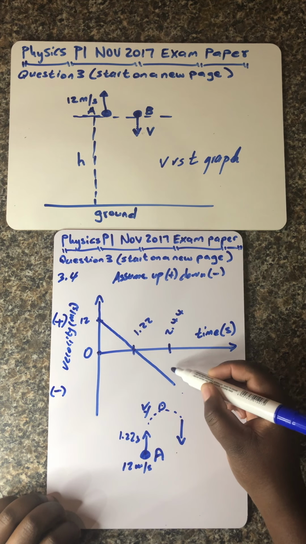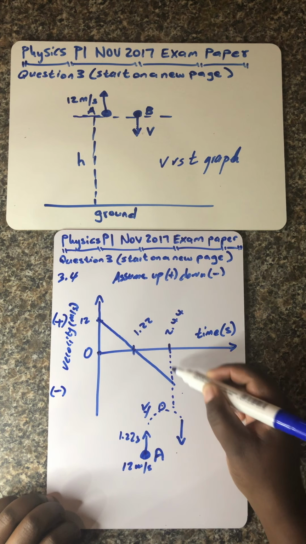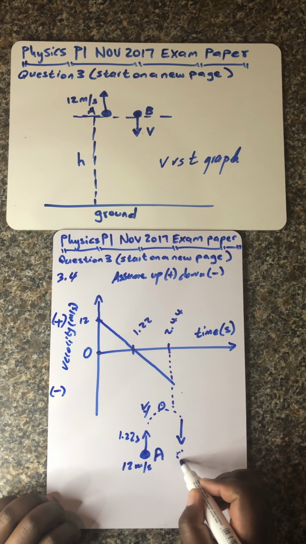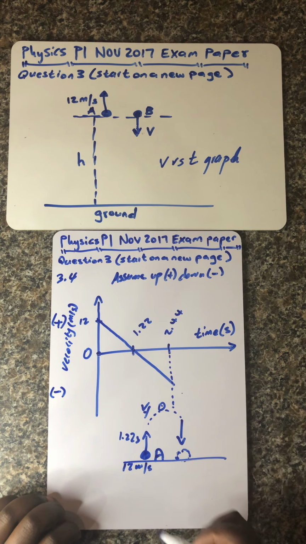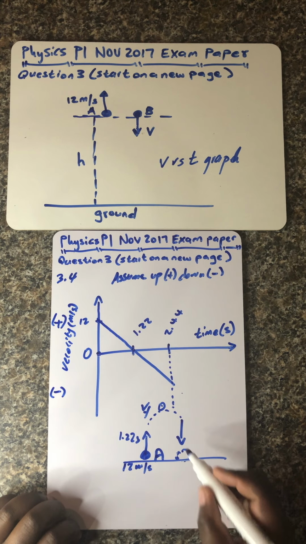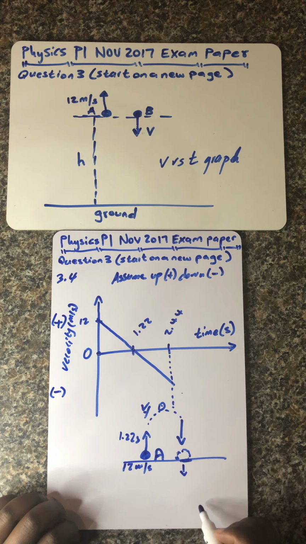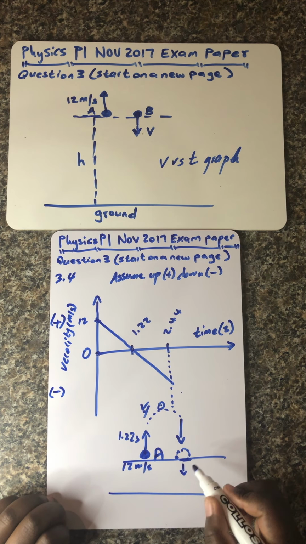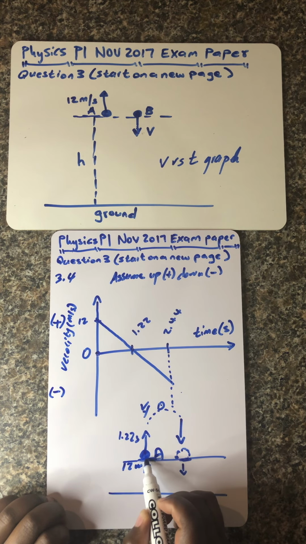So at this point, it is now on the same level where it was initially projected vertically upwards. As soon as it gets to that level, does it stop there or continue going down? Obviously, it will continue going down, because this is just the point where it was projected.